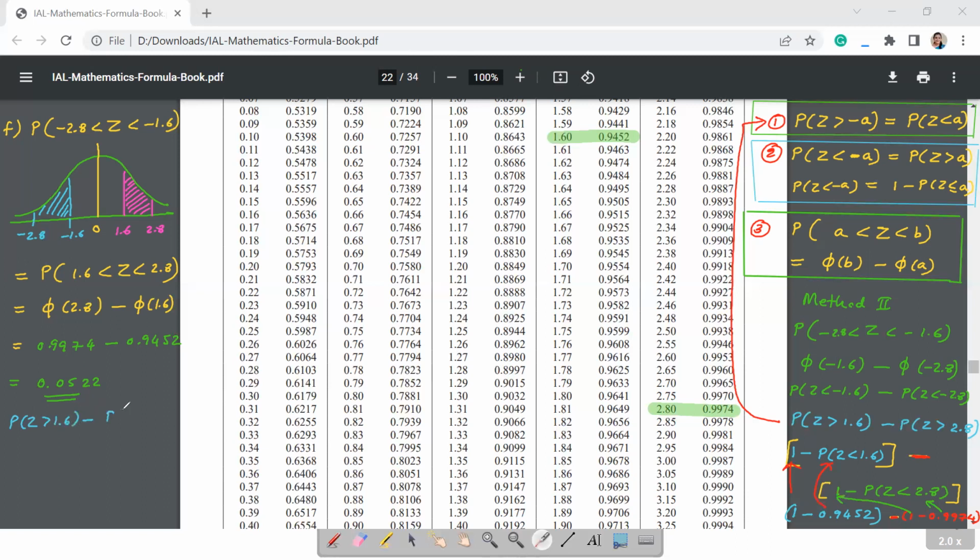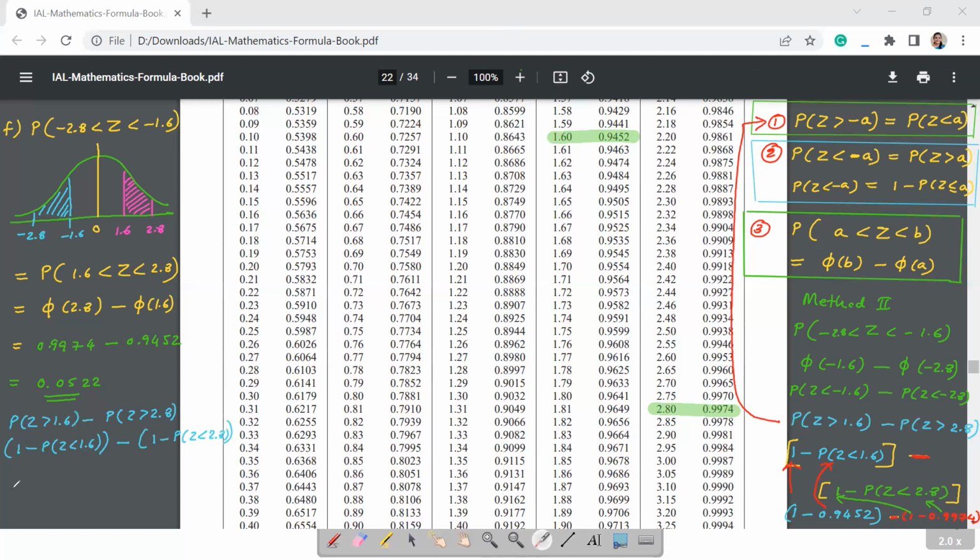Probability Z greater than 1.6, probability Z greater than 2.8. Z greater than 1.6 is 1 minus probability Z less than 1.6, minus probability Z greater than 2.8, which is 1 minus probability Z less than 2.8.